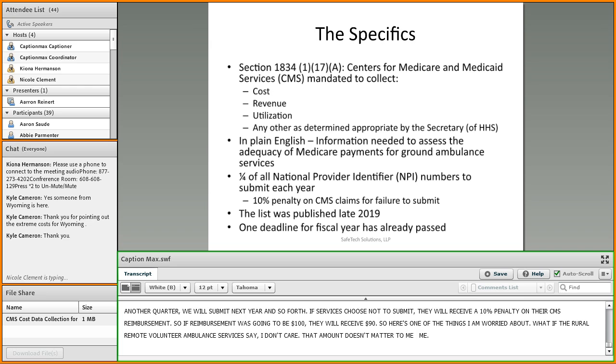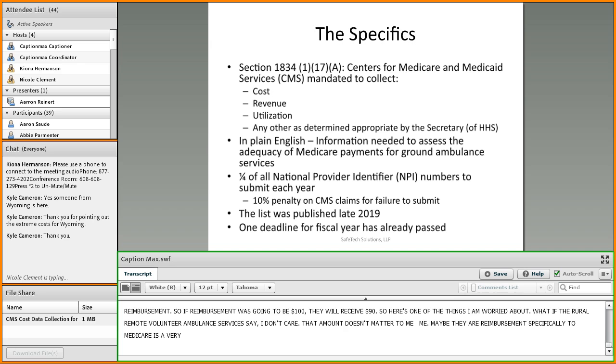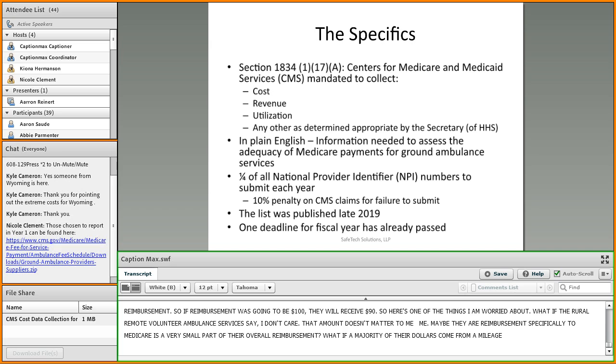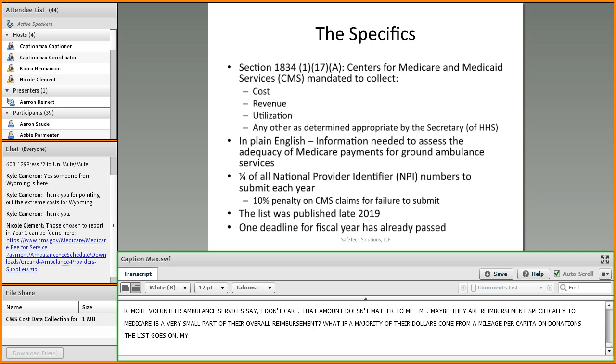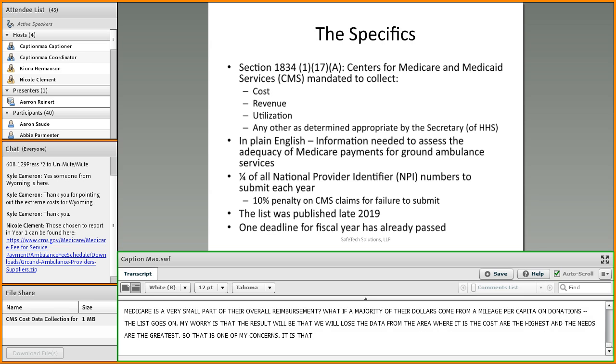If services choose not to submit, they will receive a 10% penalty on their CMS reimbursement. So if reimbursement was going to be $100, they'll receive $90. So here's one of the things I'm worried about. What if the rural, remote, volunteer ambulance services say, I don't care. That amount doesn't matter to me. Maybe their reimbursement specifically from Medicare is a very small part of their overall reimbursement.